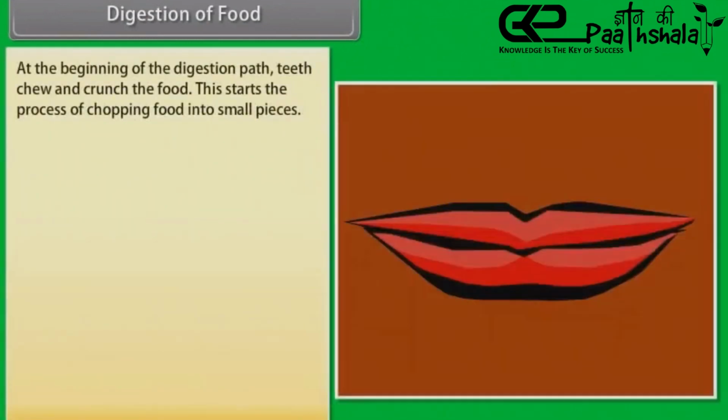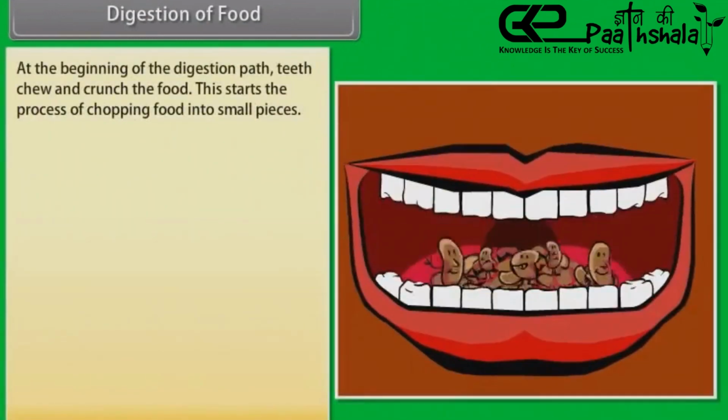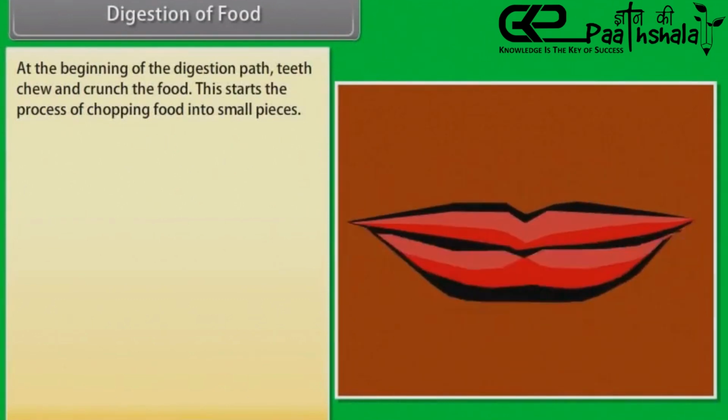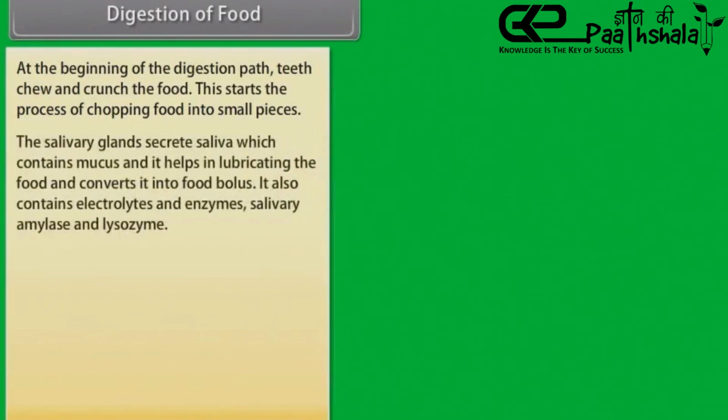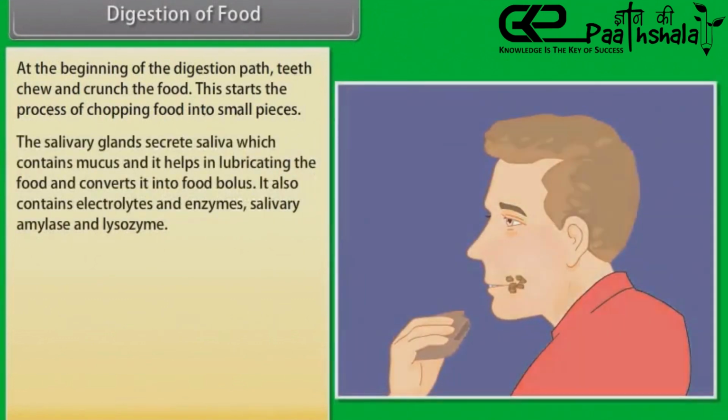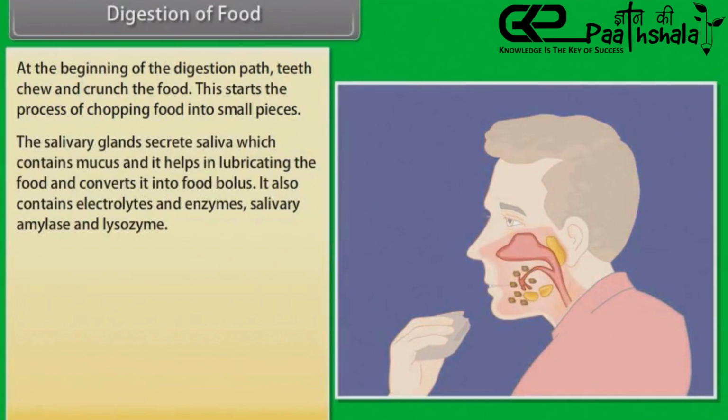Digestion of food. At the beginning of the digestion path, teeth chew and crunch the food. This starts the process of chopping food into small pieces. The salivary gland secretes saliva, which contains mucus and helps in lubricating the food and converts it into food bolus.